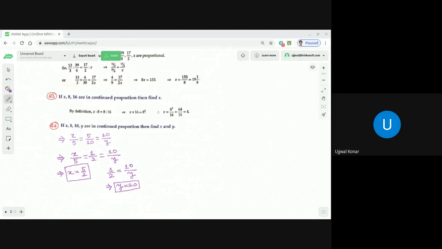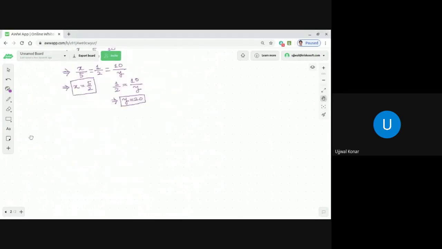Okay. Now let us solve the problem on mean proportional. Mean proportional of 3 and 27. So let me give you the next question. Is the question clear? Yes, sir. Find the mean proportional of 3 and 27.